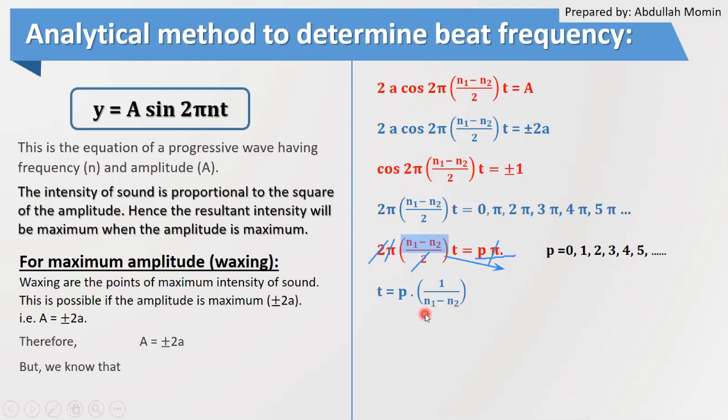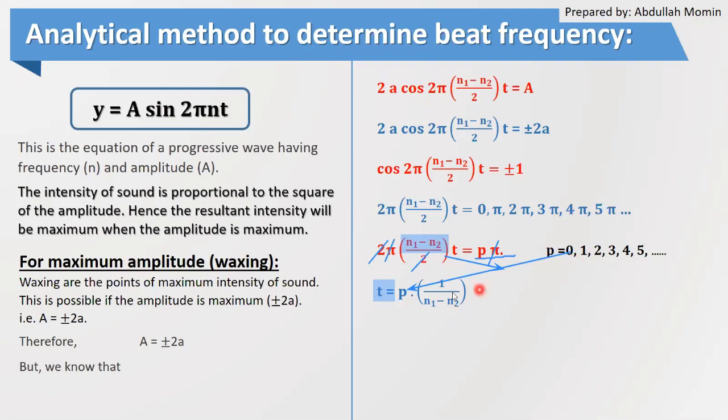Now this is the time instant at which we are getting maximum amplitude. What is t? t is the time instant. So now we are going to put the values of p one by one. First we put 0. If you put 0 instead of p, we get t equal to 0. If you put 1, we get 1 upon (n1 − n2).